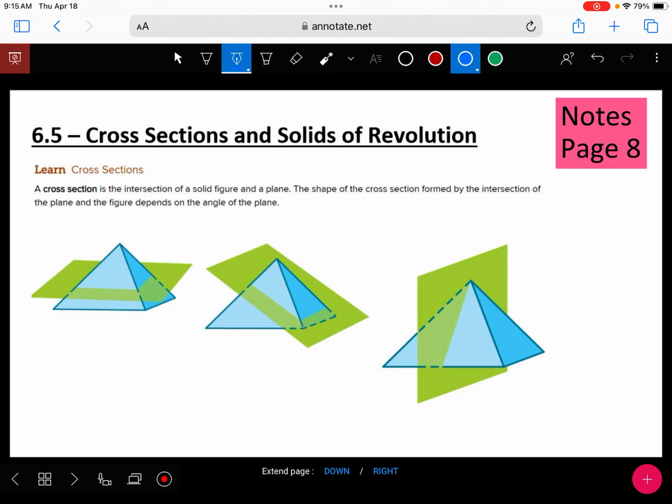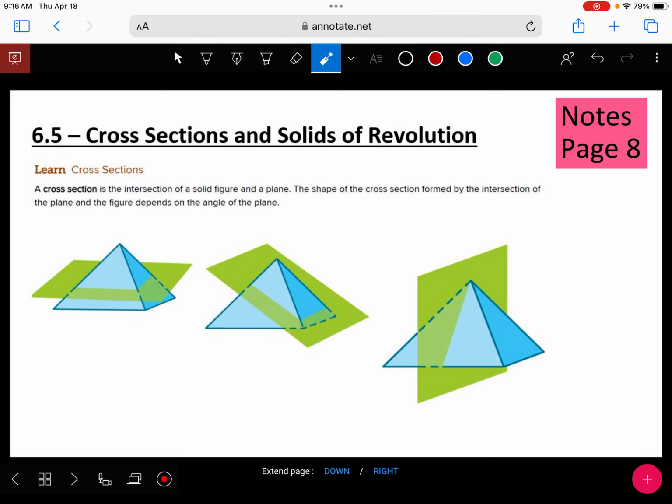But here, you have to first of all identify what shape do we have here in blue. What would we call this shape? A pyramid, yep. And you can't see the bottom, but if you were to try to take a knife and slice off the top, what would the shape of each cross section look like?